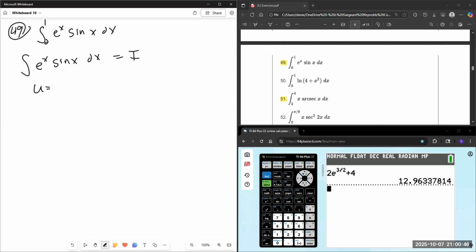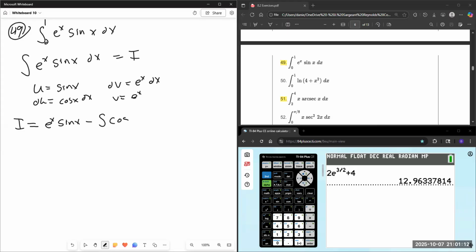But u is going to be sine of x, and dv will be e to the x dx. du will be cosine of x dx. v will be e to the x. So I is going to be equal to uv minus the integral of v du.